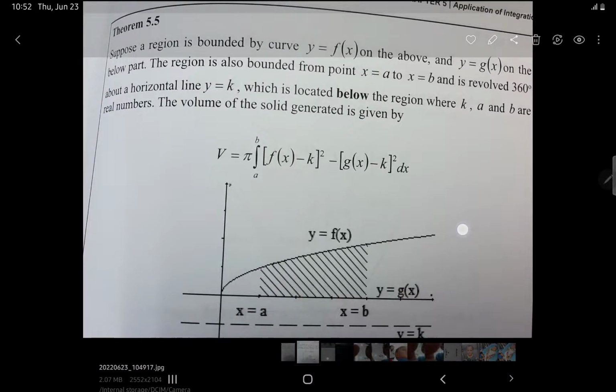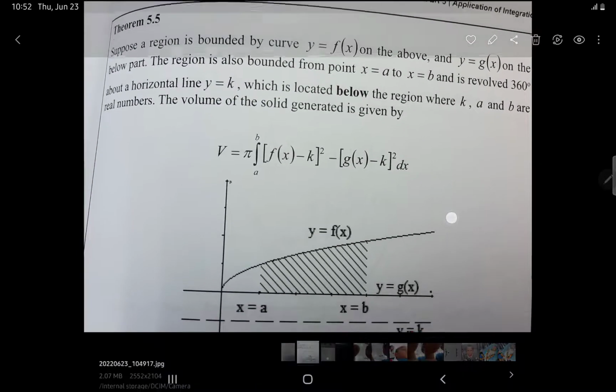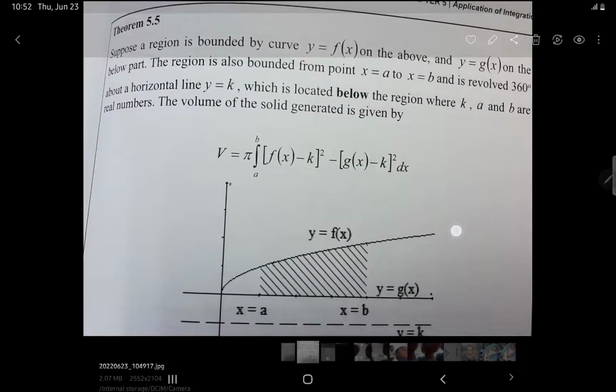Yang bawah tu nampak tak? Sorry. Macam mana saya nak tunjuk ni? Yang bawah ni, y equal to K. So maksudnya axis of revolution dia macam ni.